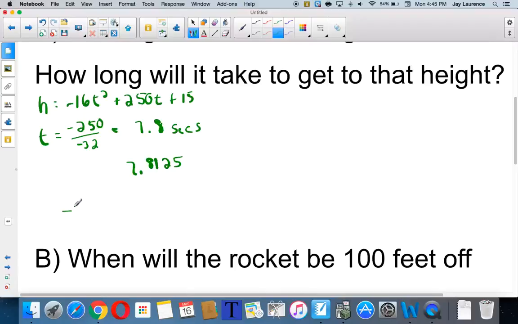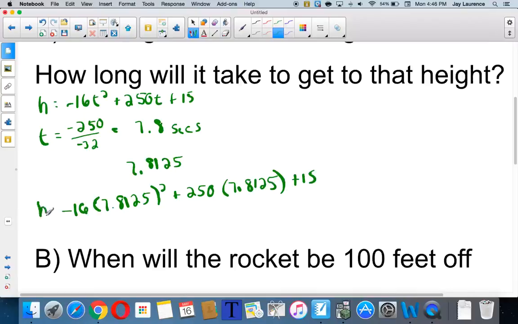So I'm going to go to the calculator and go negative 16 times the quantity of 7.8125 squared plus 250 times the quantity of 7.8125, and then I'm going to add 15. So H is going to equal that. Now I'm just going to go to my calculator with that, and I'm not showing you. I think you should know how to do that.